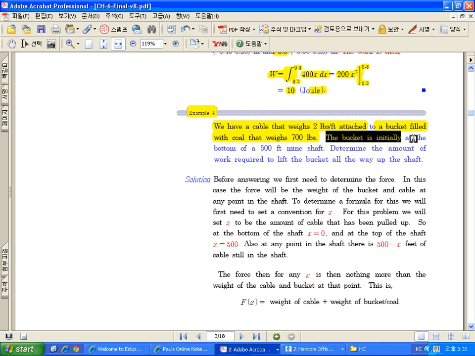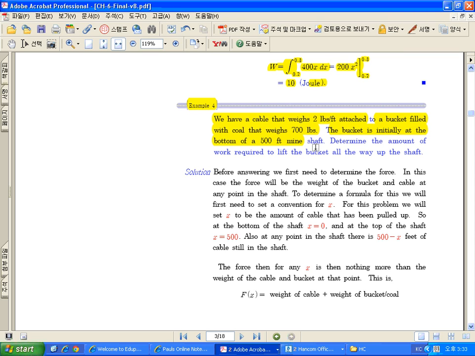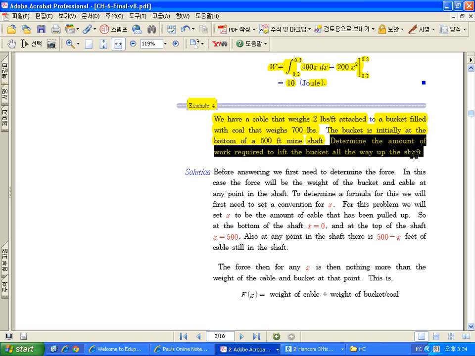The bucket is initially at the bottom of a 500 feet mine shaft. So now we are in the mine. We are pulling the bucket of coal from the bottom to the top. Determine the amount of work required to lift the bucket all the way up the shaft.